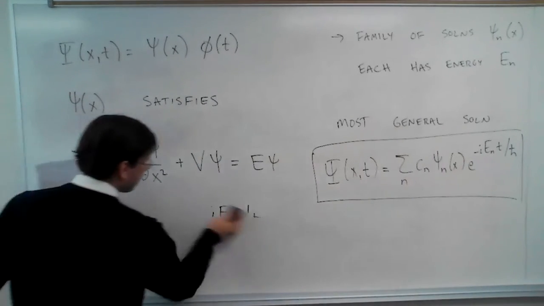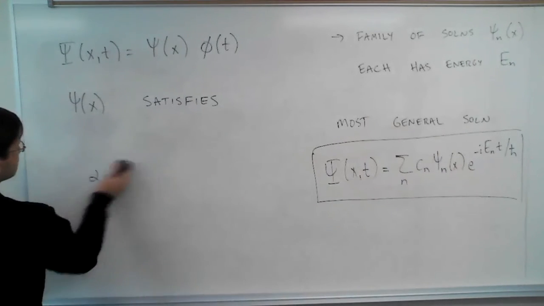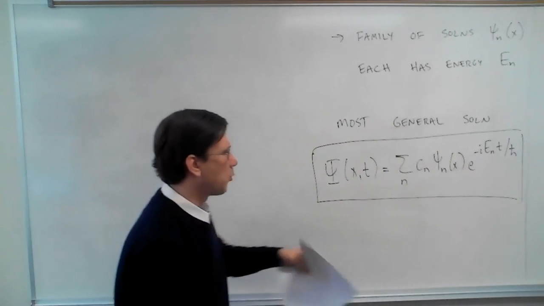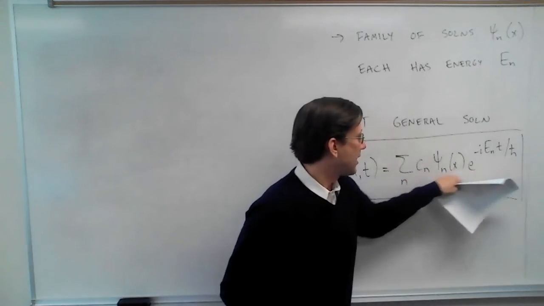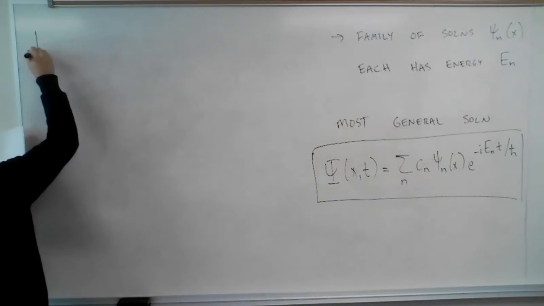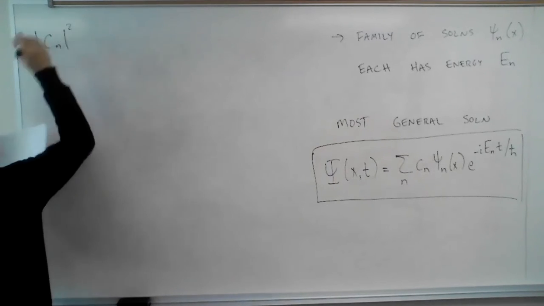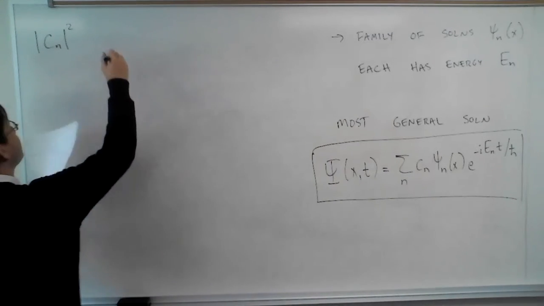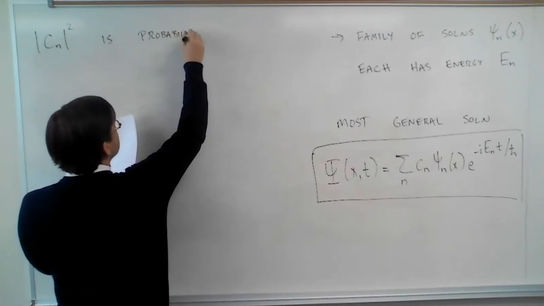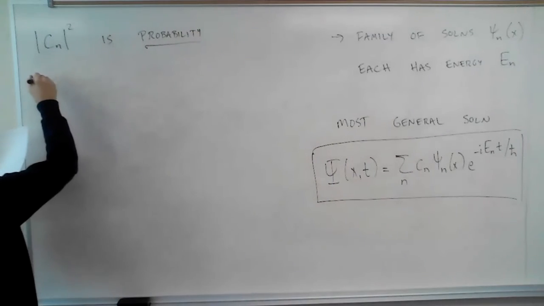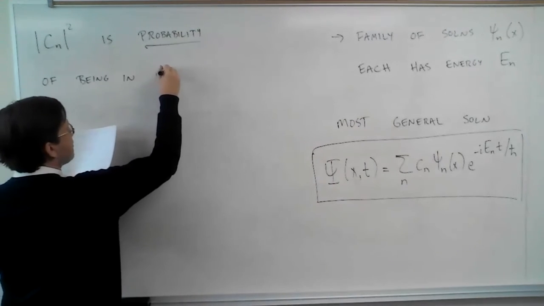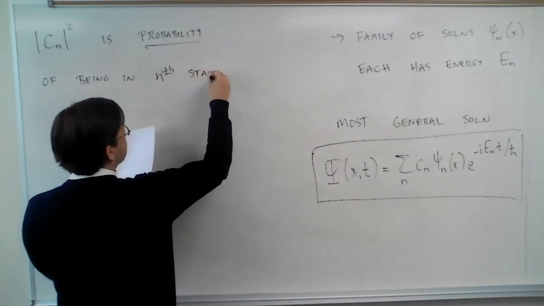Now we can even be a little bit more specific than that. I'm calling these c sub n coefficients some sort of weight term, a way to add up all of these different psi sub n's, but specifically we can say that the magnitude of c sub n squared is the probability of being in the nth state.